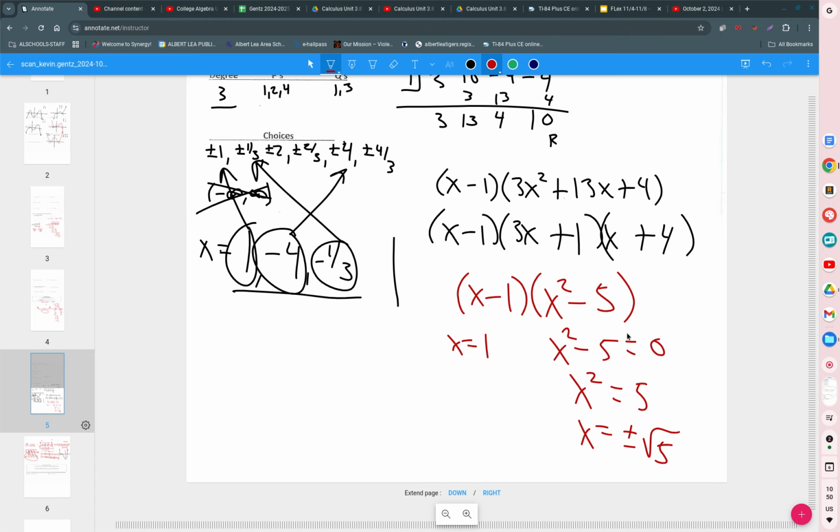Now notice the root of 5 is not listed there, but those aren't rational. That's an irrational number because it can't be expressed as a fraction. So this stuff only tells us about rational choices. There's not much we can say about the irrational ones. Okay?